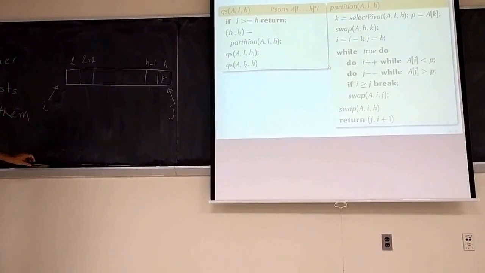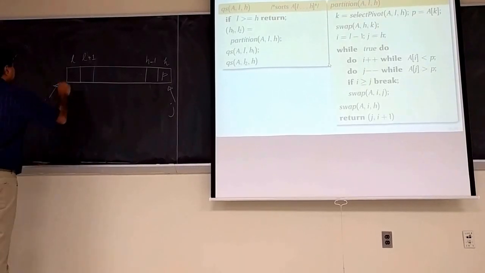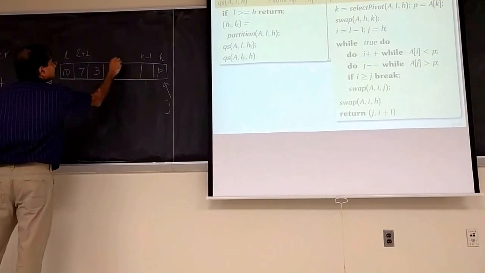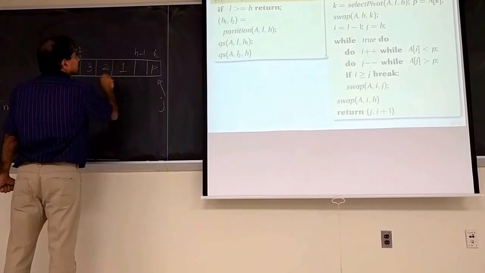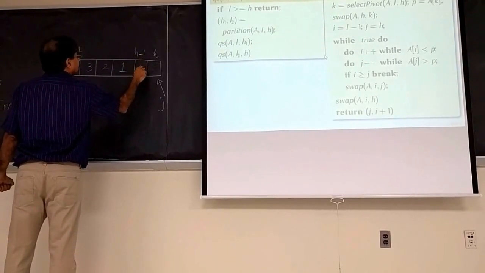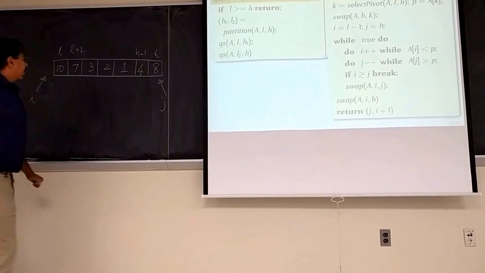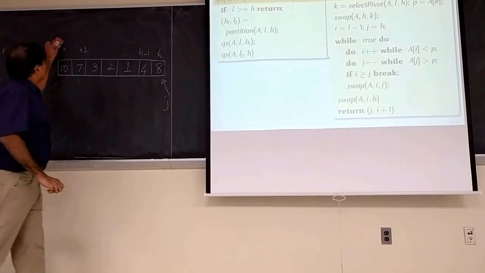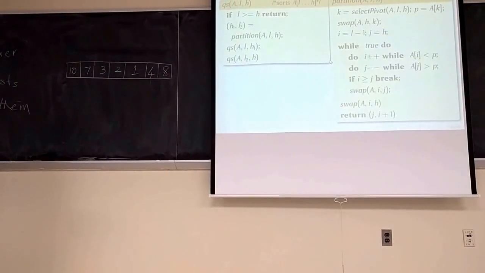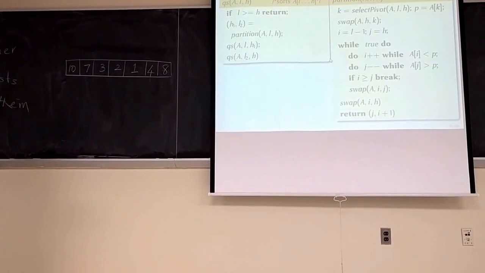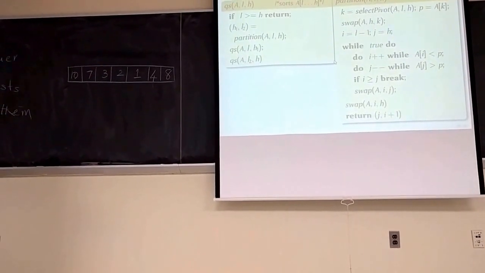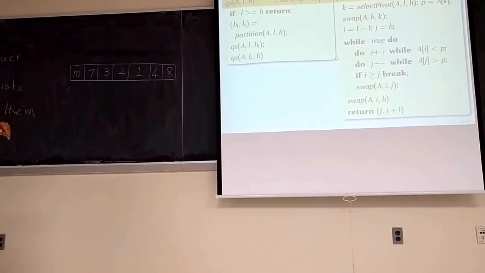So let's take our elements. Let's say this is our input to partition, and let's say we have to select the pivot.